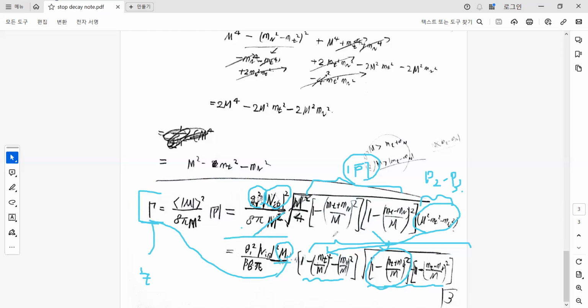Decay rate for the top quark to the top quark and the neutralino, and it gives us some phase-space factors. The overall factors are given like that, and the only free parameters here are the mixing components of the neutralino, and the top quark mass here, and the neutralino mass here, and the top quark mass is fixed here.